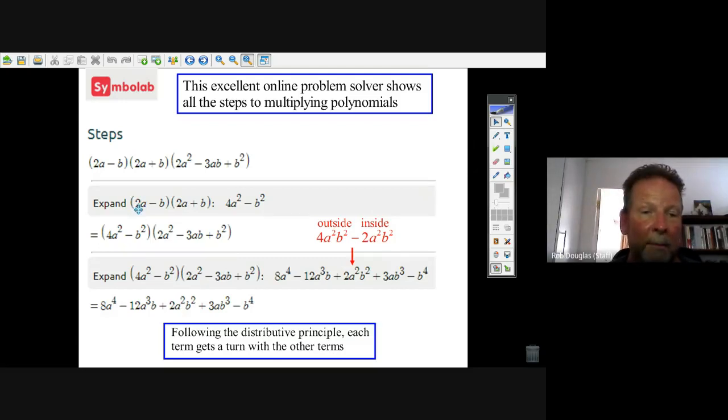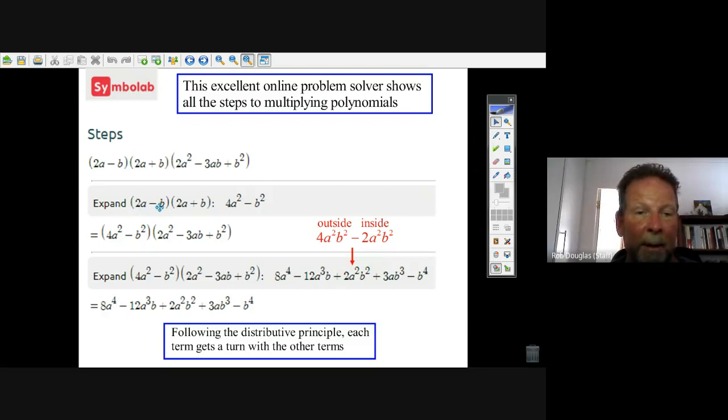But let's do this first, though. If you go (2a - b)(2a + b), you can see that 2a times 2a gives you 4a², and the -b times +b gives you -b². But the 2a times b, the outside, is +2ab, and the inside, -b times 2a, is -2ab. And they cancel. That's why there's nothing there.